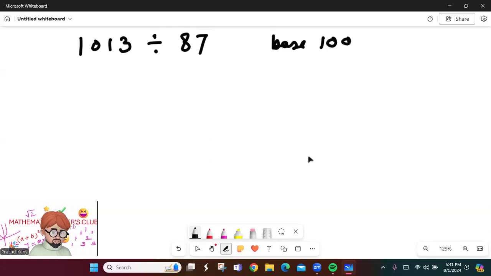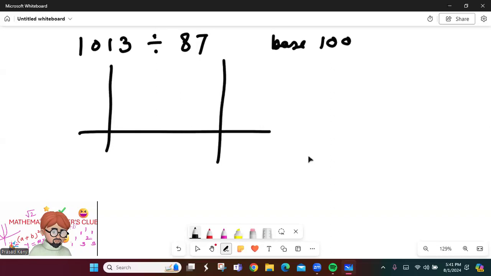And now since 100 has two zeros, last two digits I will put in the remainder column, remaining in the middle part of the table. Here I am writing the divisor 87 and the complement is 13.